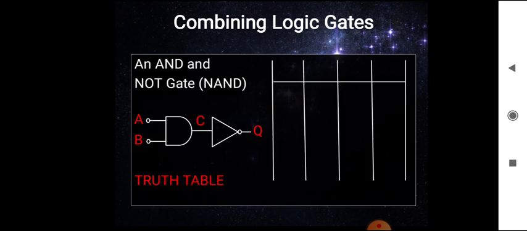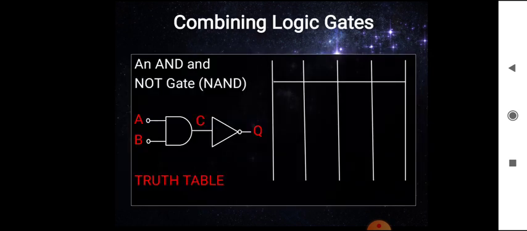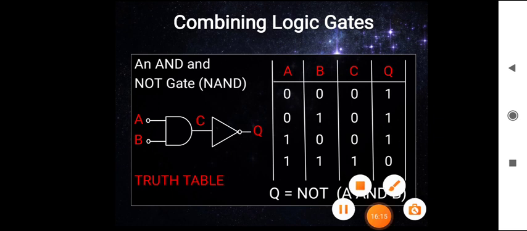See, A, B, C. Suppose A B is 0 0, we will get A dot B, that is C, the output of the AND gate. So 0 dot 0 means 0, and when we give 0 as input to the NOT gate, we will get 1 as output. So that is the truth table of this NAND gate. Very simple and very important truth table.